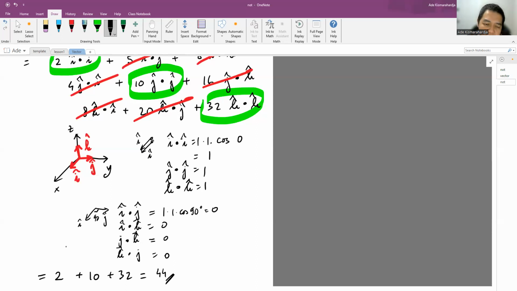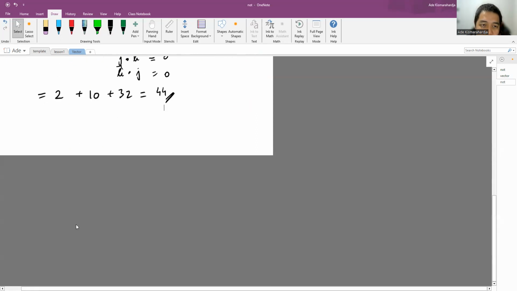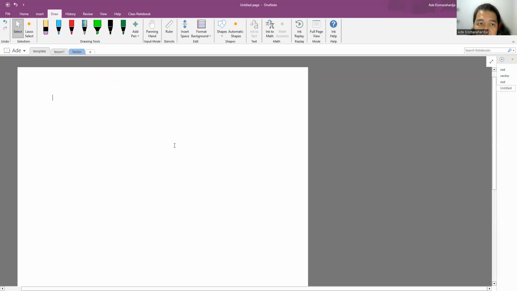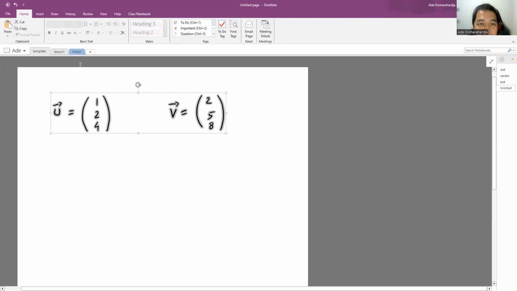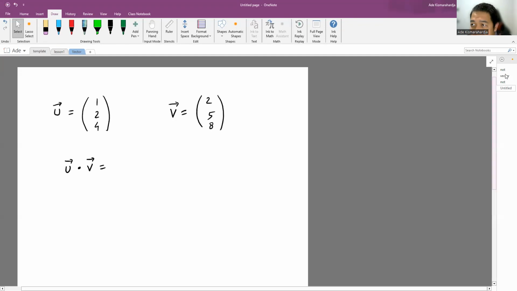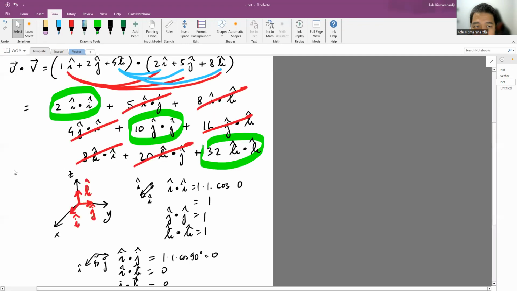Now, if you want to take the easier way, when you have those two vectors and you want to do the dot product between them, we can just do it like this at the end of the day, rather than doing this lengthy calculation all the time.